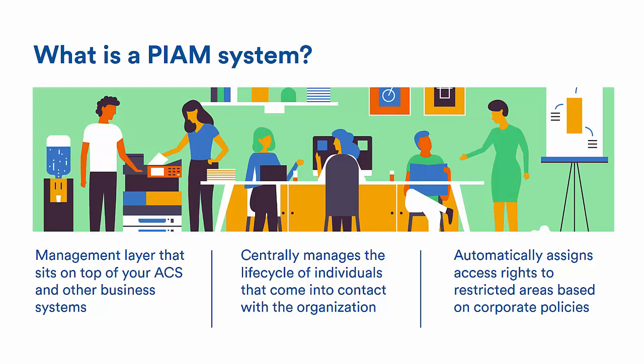This includes the ability to deploy identities, credentials, as well as assign access rights into one or more vendor-independent physical access control systems. The system connects to the access control environment and other business systems and automatically assigns access rights to restricted areas based on the corporate policies that are organized by the end user, by the customer.